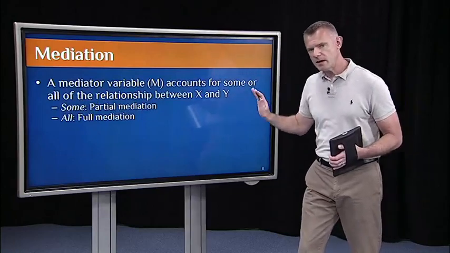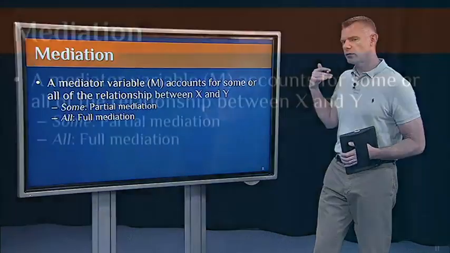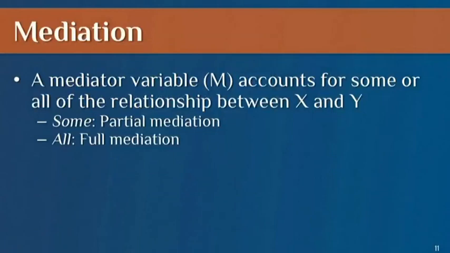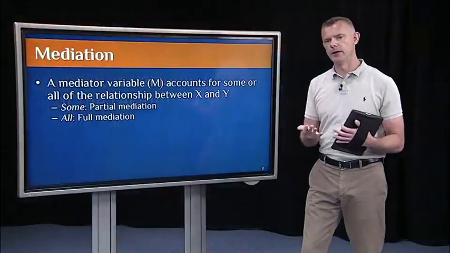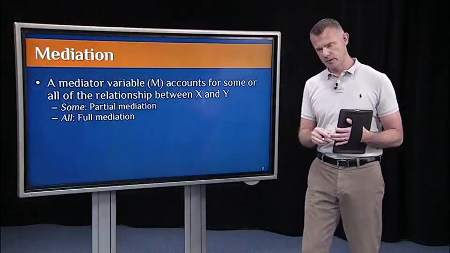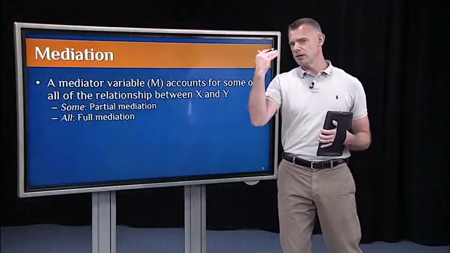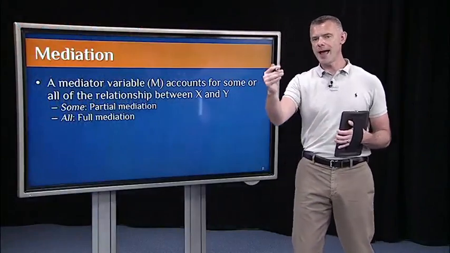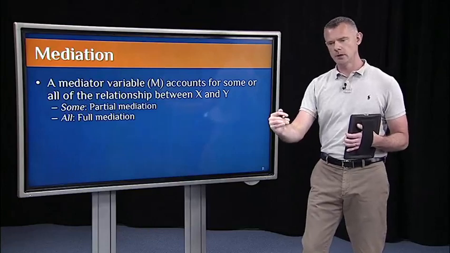So again, a mediator variable accounts for some or all of the relationship between x and y. I say some or all because both are possible, right? So it could account for all the variance between x and y, in which case we call that full mediation. In that situation, you would see the regression coefficient for x drop all the way to 0.